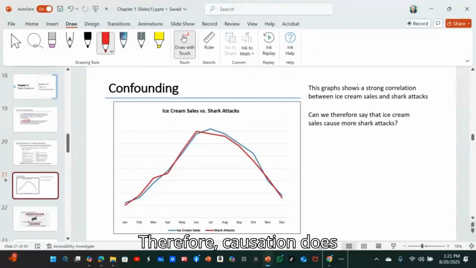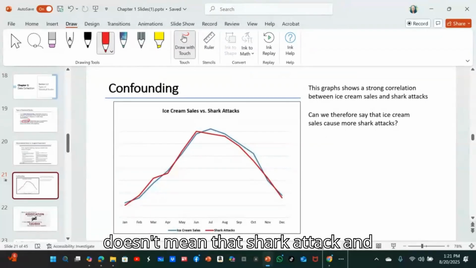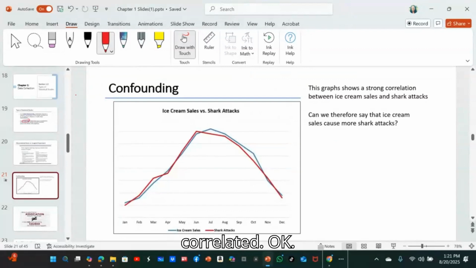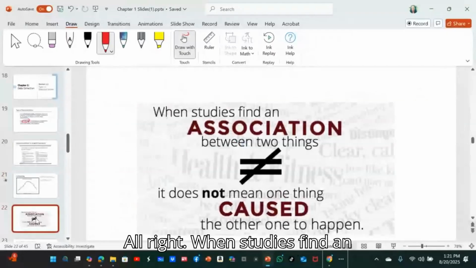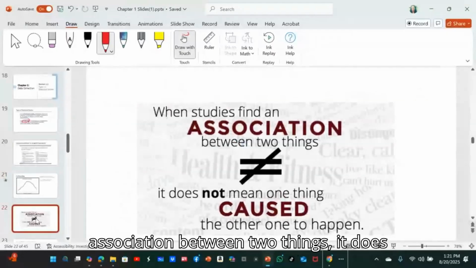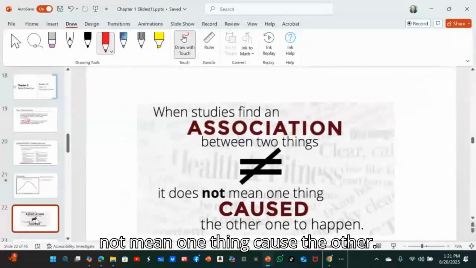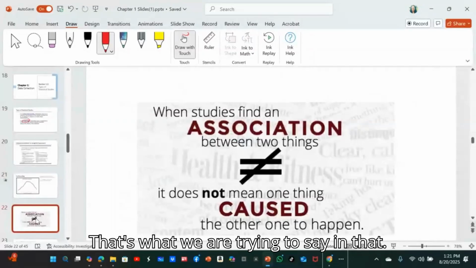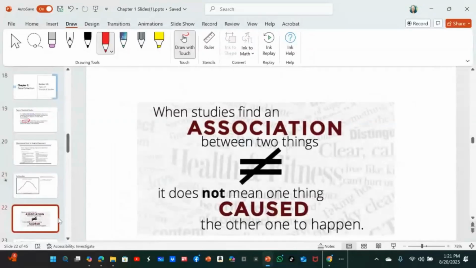Causation doesn't mean correlation. When studies find an association between two things, it does not mean one thing causes the other. That's what we are trying to say.